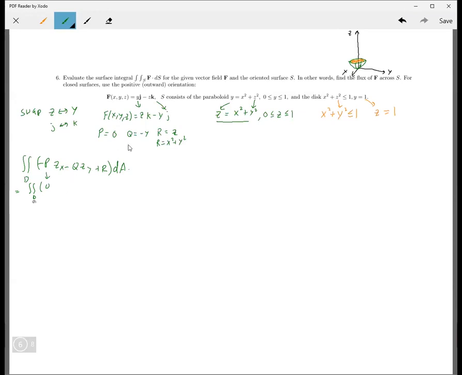And then Q is negative Y. That's negative Y. And now Zy. Here we have Z, so Z sub X is 2X and Z sub Y is 2Y. Except the problem is, let's see here.